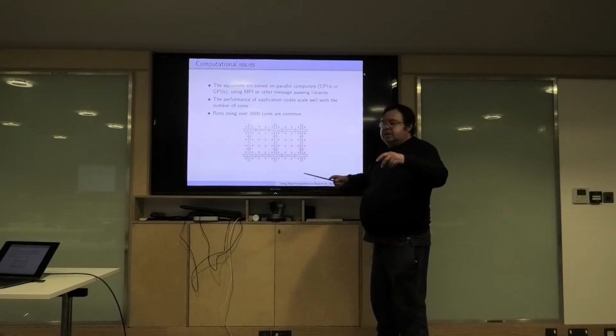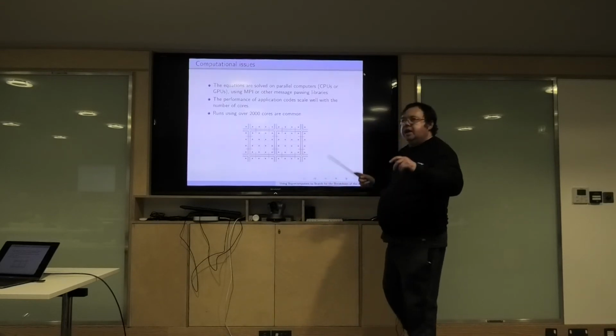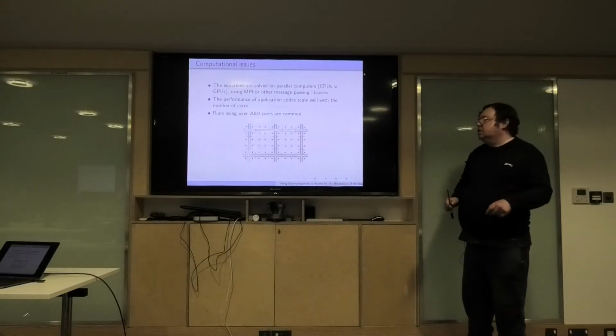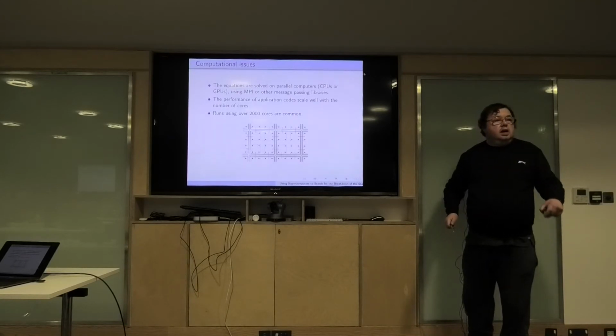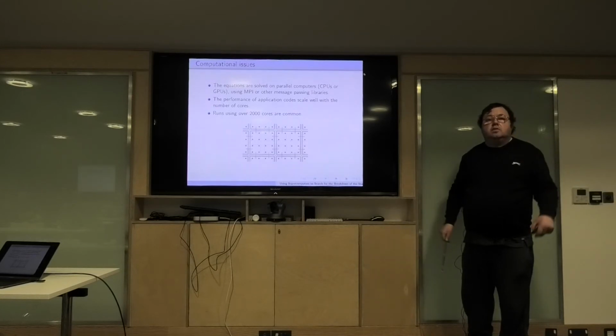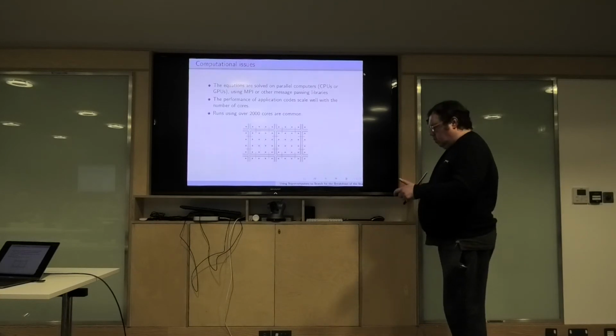You distribute your lattice over the different nodes, and then there's some communication. For some applications this doesn't work very well. For this QCD application, the parallelization works very well, and you can use lots and lots of cores, 2,000 or more.